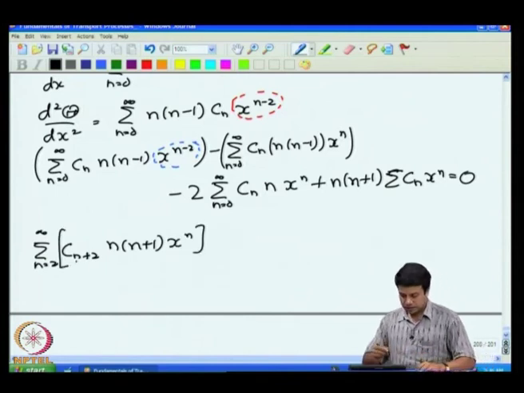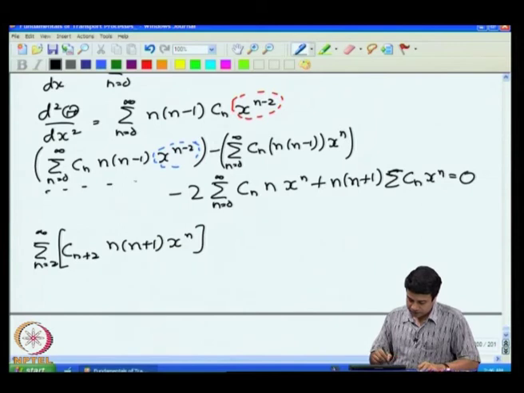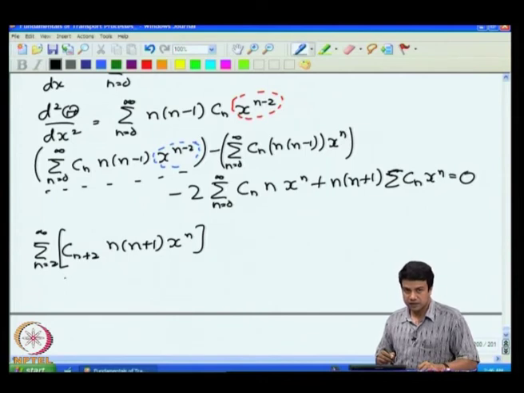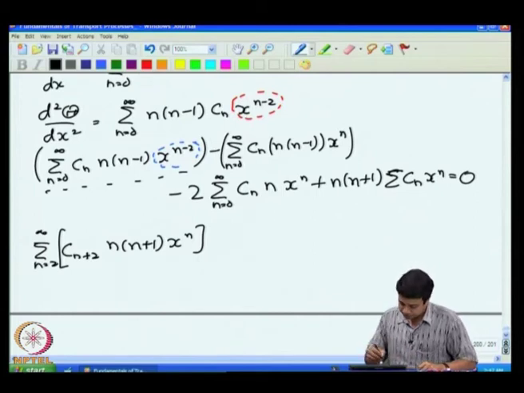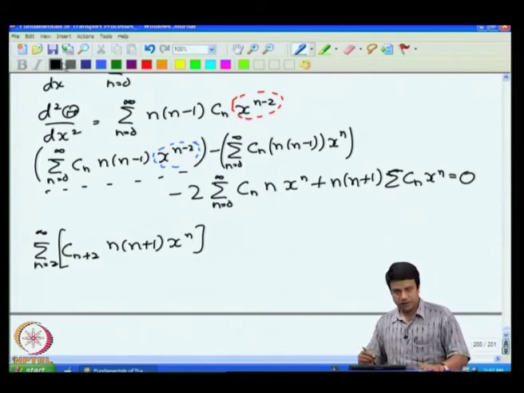In this equation, I just set n is equal to n plus 2. N is an index that is being summed over in any case. Therefore, without loss of generality, I can set n is equal to n plus 2 here, in which case I have to sum n from 2 to infinity. And in the others, I just leave it as it is.